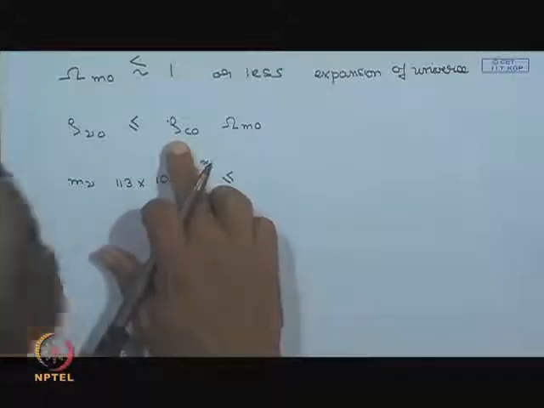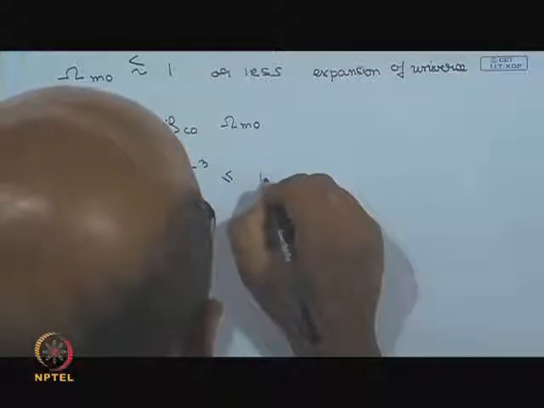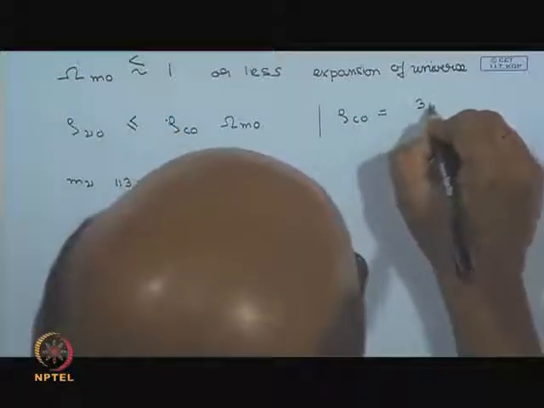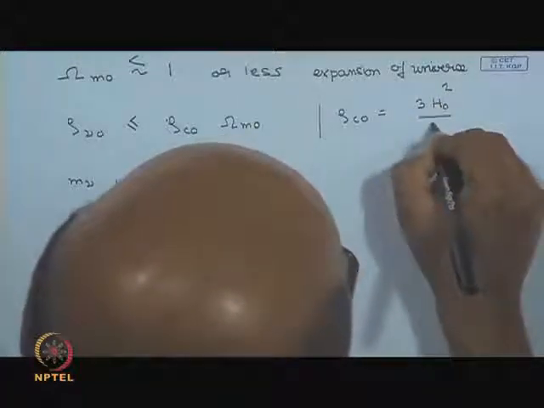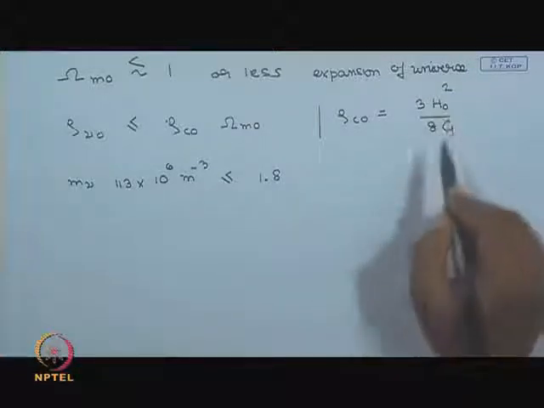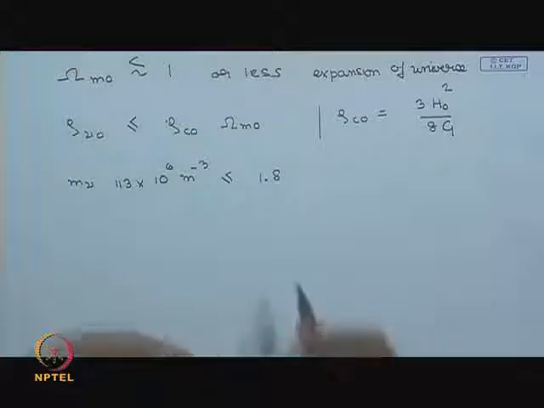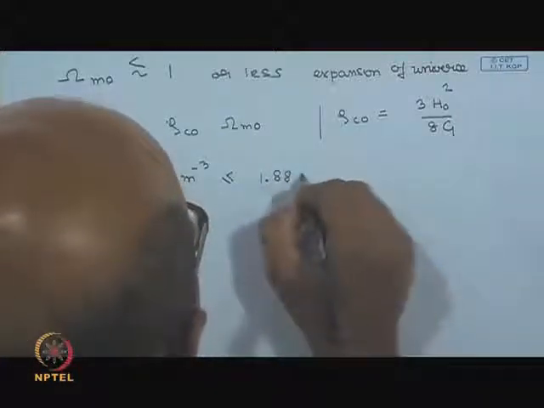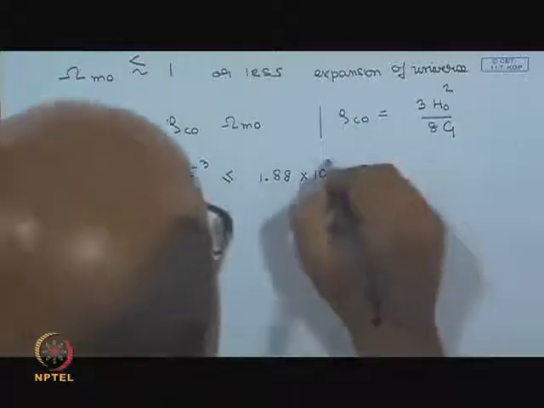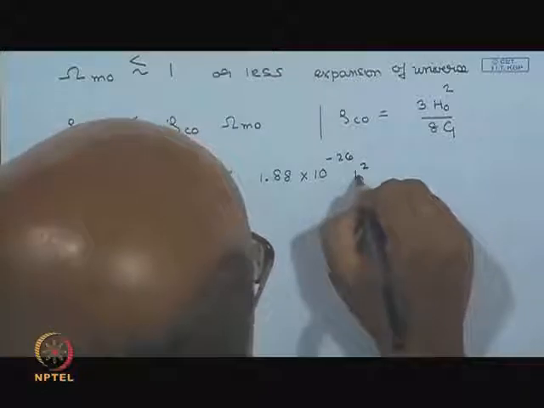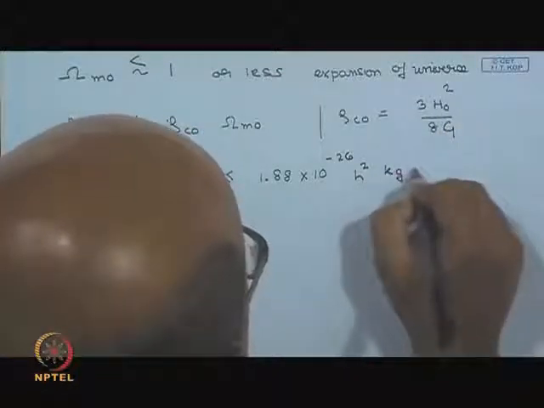The present value of the critical density of the universe: we know that the critical density is 3 h naught square by 8 pi G, and if you write h naught in terms of 100 small h kilometers per second per megaparsec, then the critical density at present is 1.88 into 10 to the power minus 26 kg h square per meter cube.